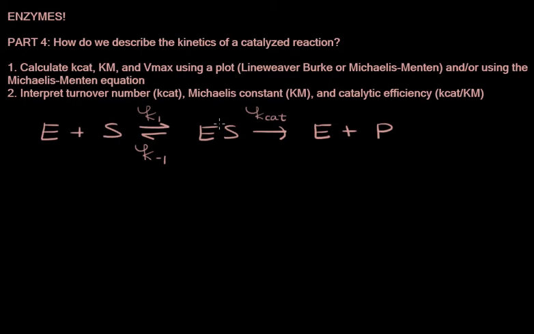Because the substrate combined, and as long as it hasn't become product, the enzyme substrate complex could either fall apart or it can go forward. So there's a beautiful derivation of this in your book.